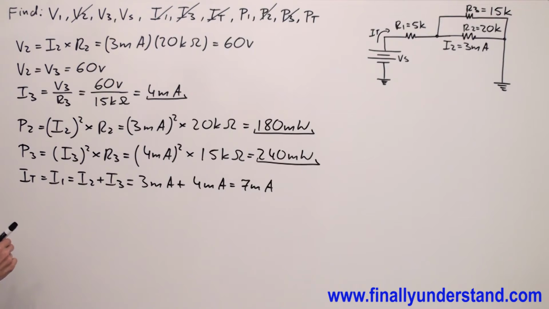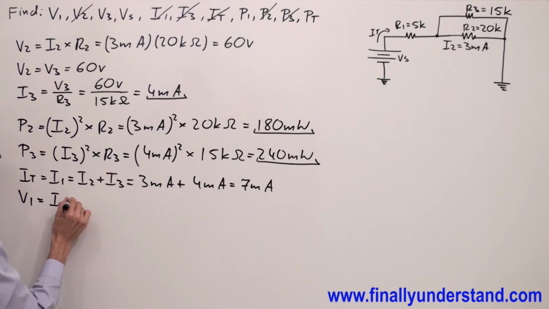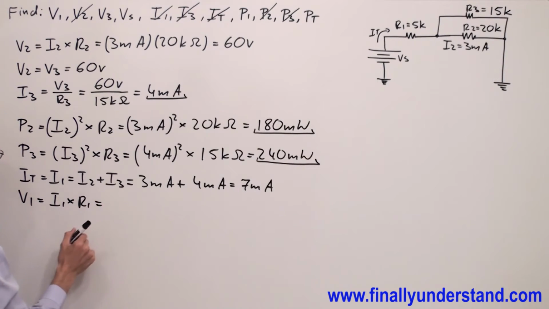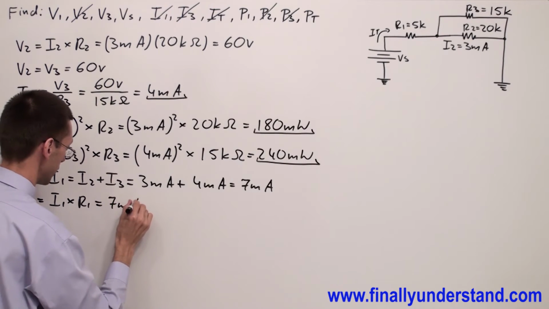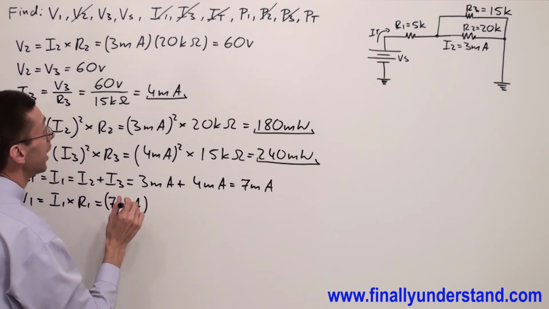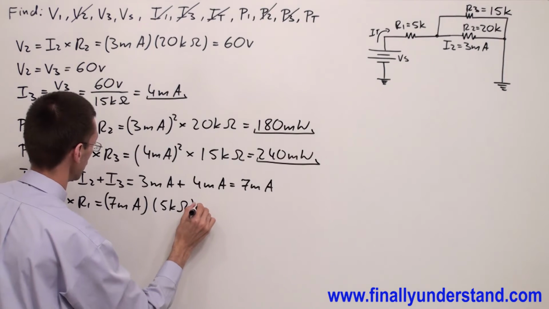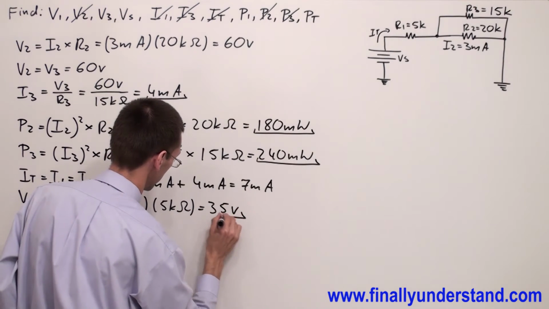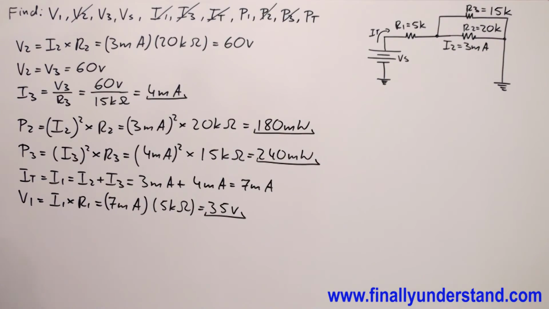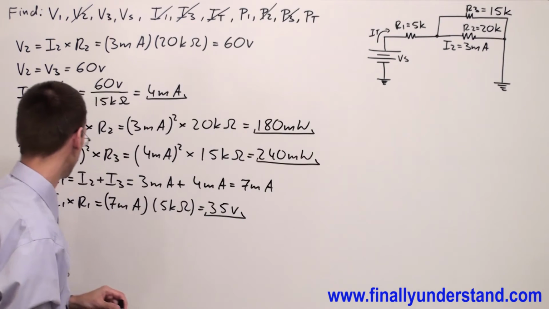So if you want to find V1, you can find it from Ohm's law. This is I1 times R1, where I1 is equal to 7 milliamps times R1, 5 kiloohms. So V1 is equal to 35 volts. If I have current and resistance, I can also find the power.